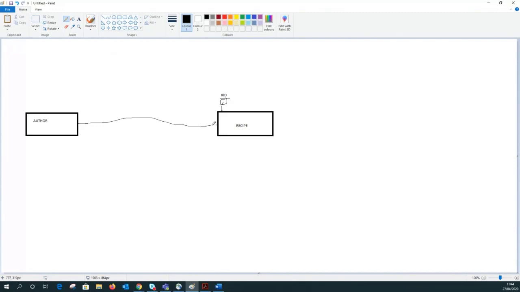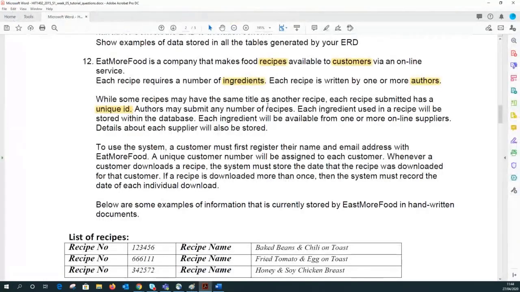So it looks like authors can submit many recipes, and one recipe can be submitted by maybe one author or many authors. We don't know at this moment, right? So let's keep reading. Yes, authors may submit many number of recipes. Now they're talking about each ingredient used in a recipe will be stored within a database. Okay, now they're talking about the ingredients, right?